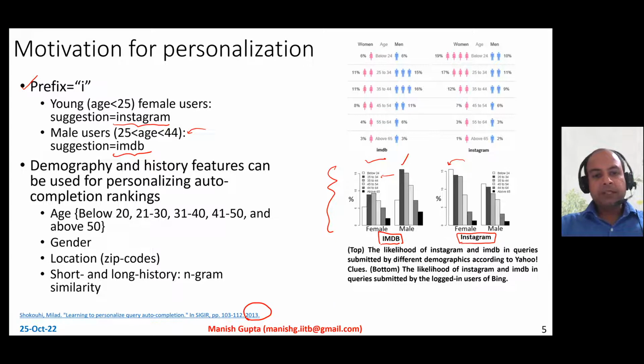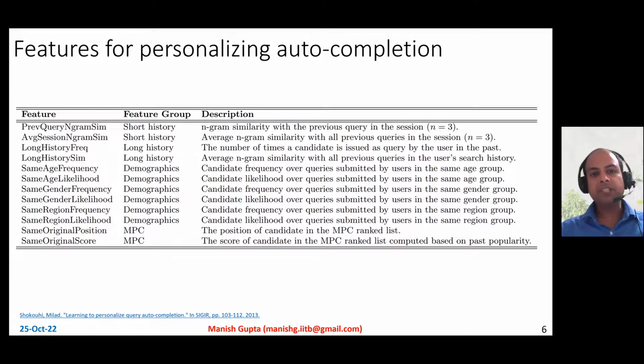Right? So in this particular work, people focused on different kinds of demography attributes: age, gender, location, short-term and long-term history, n-grams, and so on. To incorporate these as personalization signals in a machine learning framework, they considered several features.